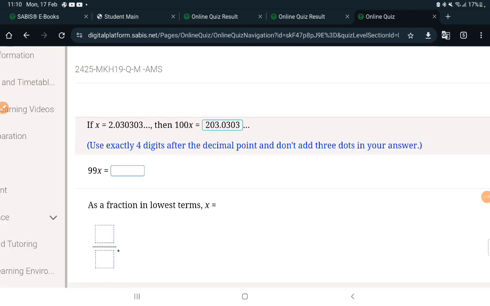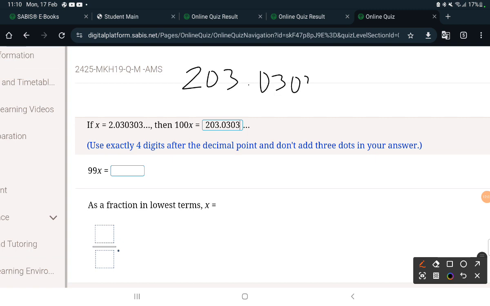Okay, and now what we basically do is subtract the constant and subtract the variables. So 203.0303 minus 2. Wait, we forgot that it's repetitive. So 2.0303 and also so on.